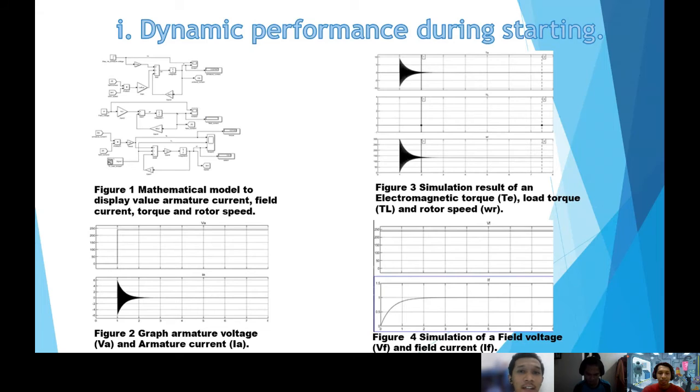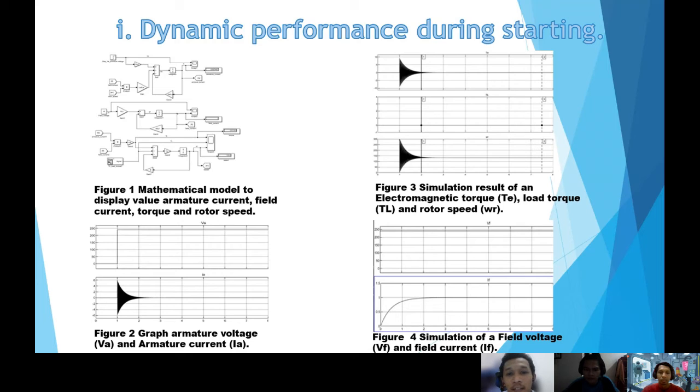Okay, so the first is dynamic performance during starting. This mathematical model was designed based on the formula from the Laplace transform given in the report. This circuit was set at a step with the load torque maintained at 0 Nm, and this mathematical model displays the values of armature current, field current, torque and rotor speed.